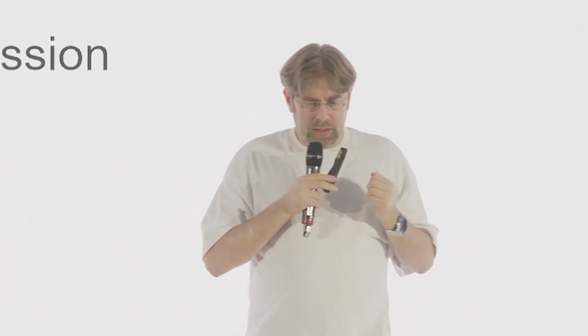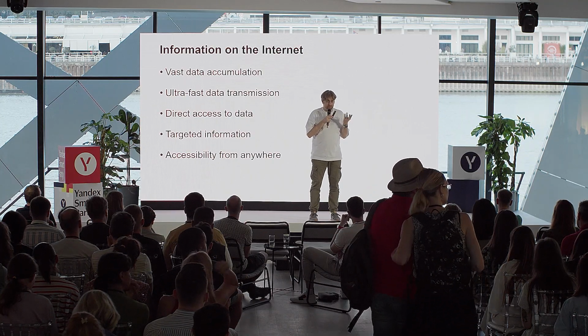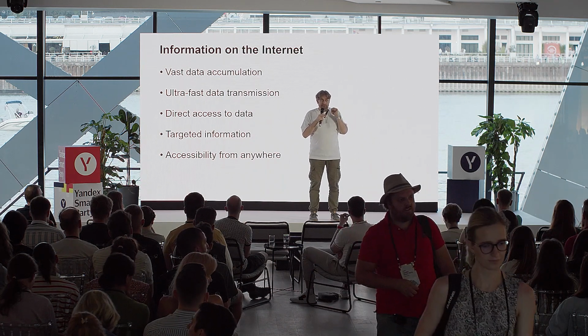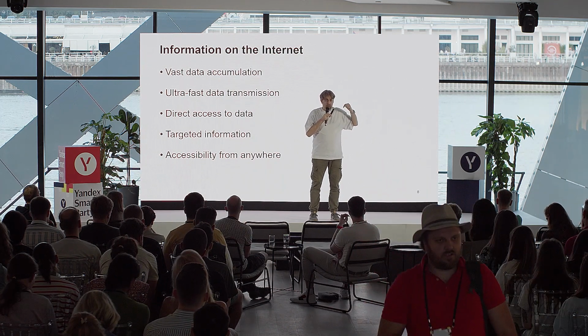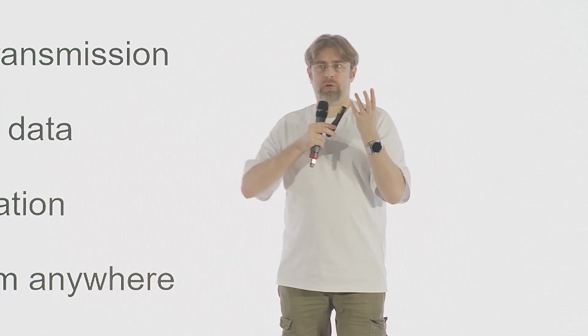Also, a very important point is targeting information. What does it mean? It means information on the internet is actually proactive. Before the internet, you personally needed to find information. Now information can find you. It's a real change, you know.